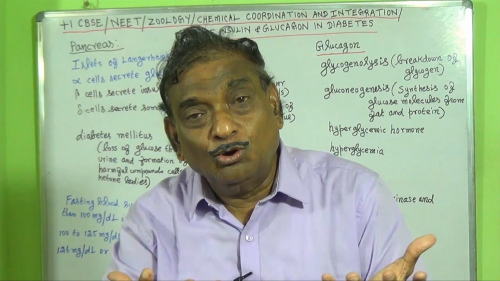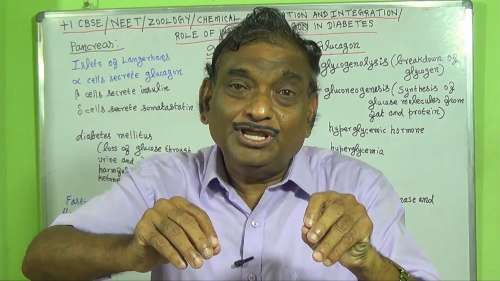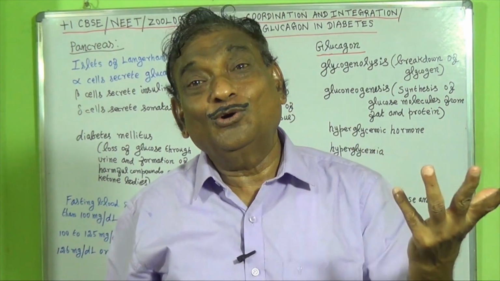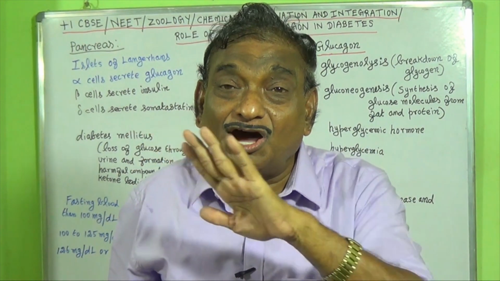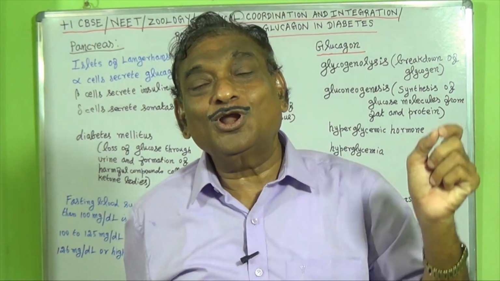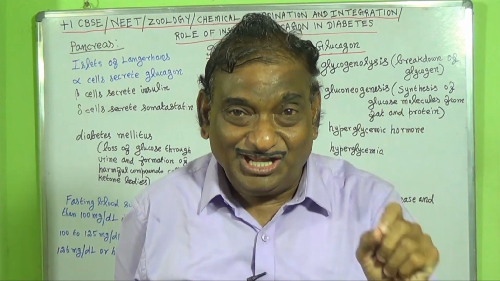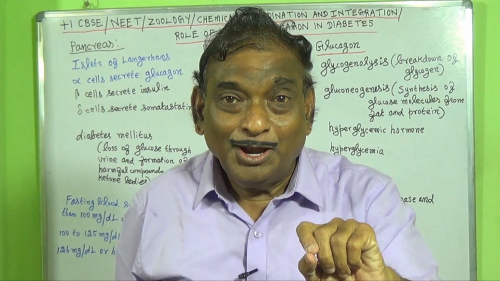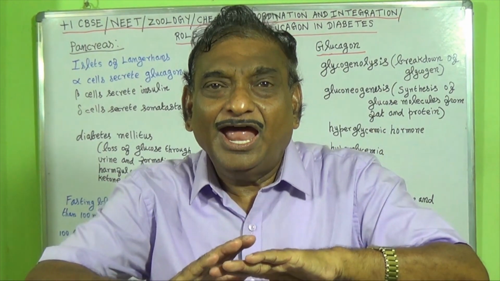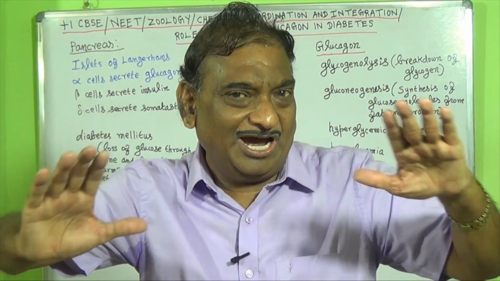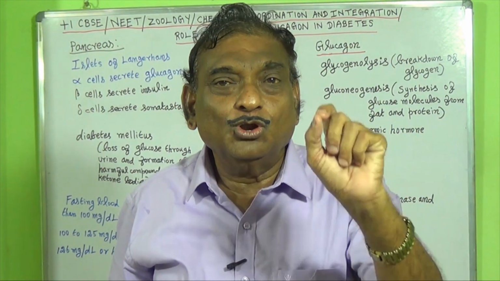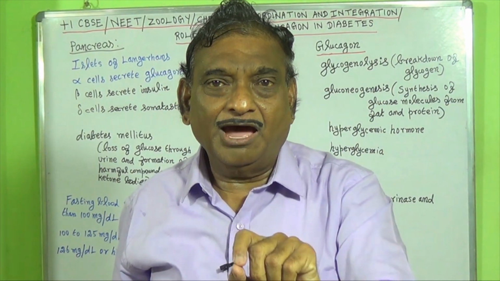Because the blood glucose level is low in your blood. Is it possible? No. Our body cannot ask us. At that time, one more hormone, that is glucagon, plays an important role in maintaining the normal glucose level, in this case, to increase the glucose level of the blood.